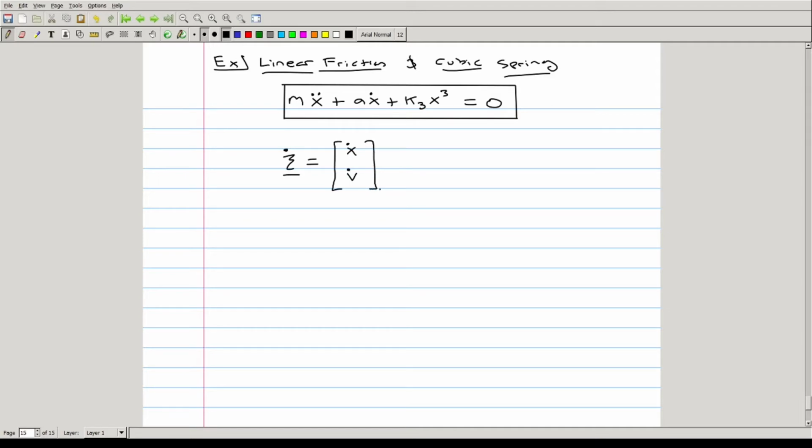x dot is equal to v, v dot is equal to negative k3 over m x cubed minus a over m v.